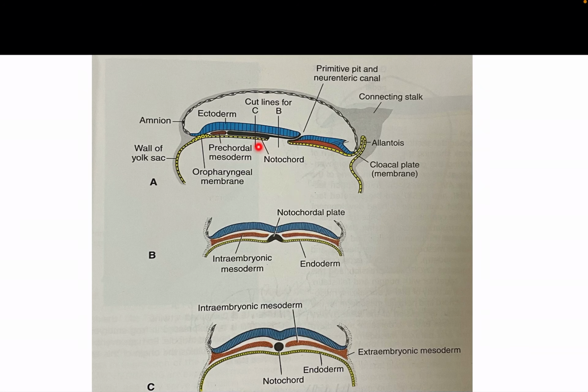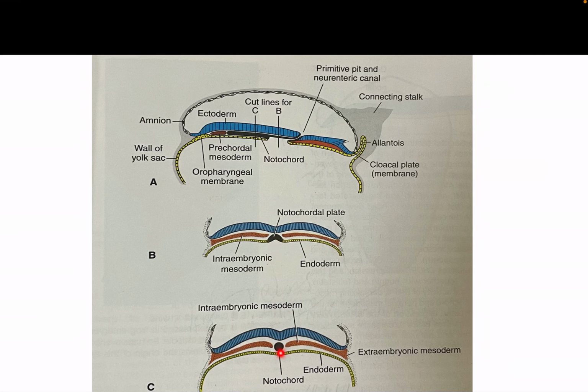Now the notochord cells actually change into a tube-like structure, and the floor of the tube joins with the endoderm, and here they detach and join with the endoderm in the center as notochordal cells.